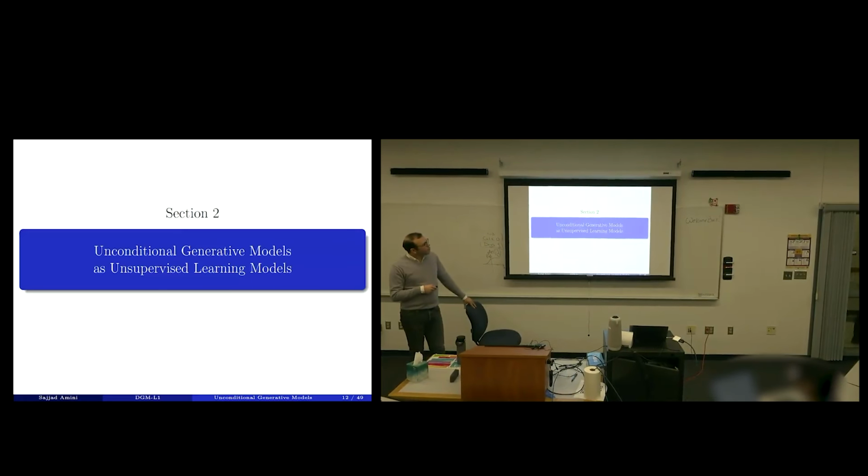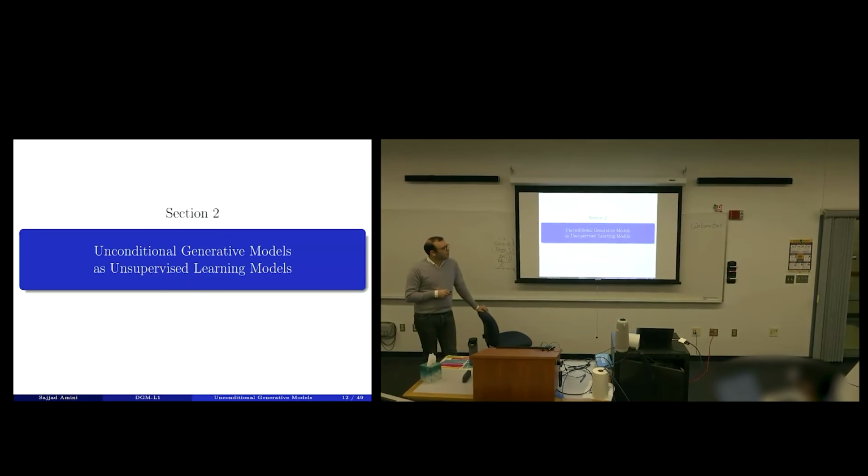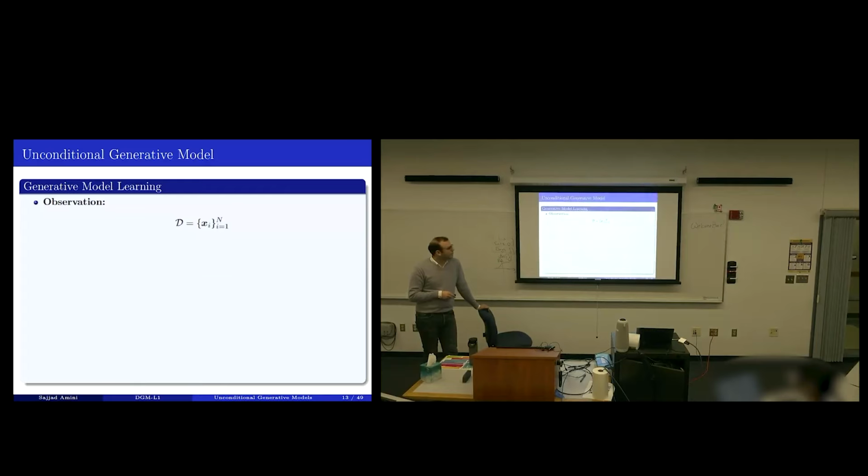in this session, I want to talk about the unconditional generative models as unsupervised learning models. So, what is the unconditional generative model? In the unconditional generative model, similar to unsupervised learning, you have a data set. It means that you do not have any label for your data set.